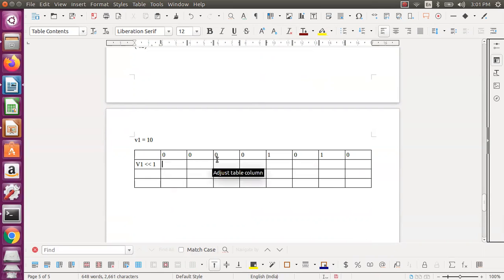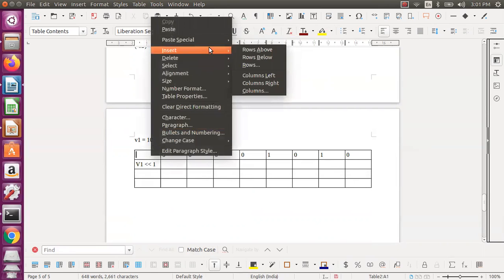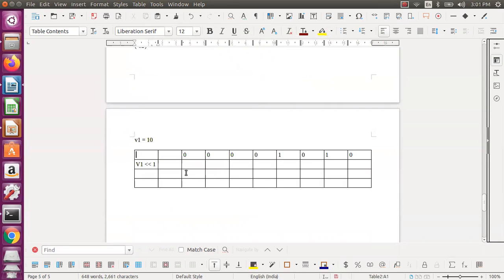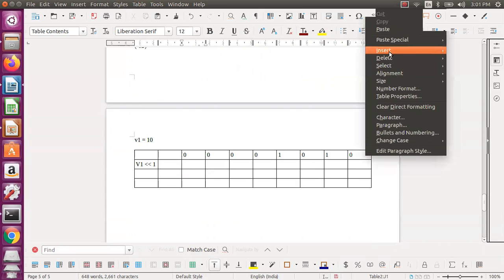So now v1 left shift means what will happen, I will write another column also. Maybe here also I need to write another column.